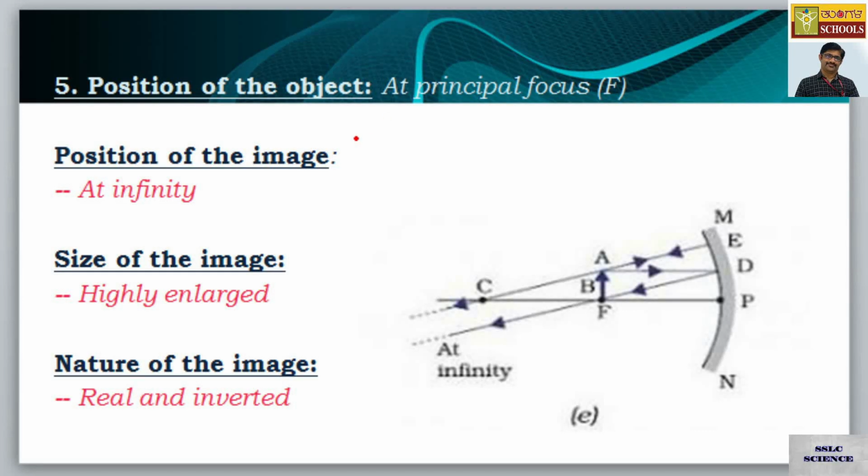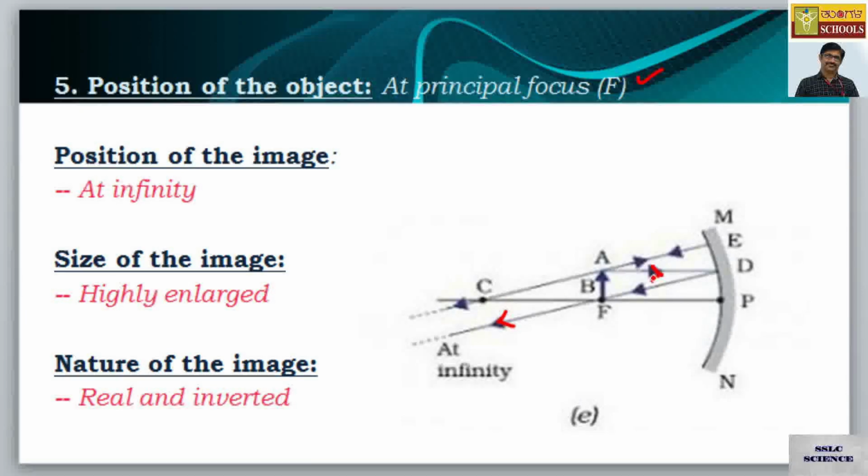Now the position of the object is exactly at principal focus F. You are placing the object exactly on principal focus F. Again, the top ray which is parallel to the principal axis is moving parallel, and again it is passing through principal focus F. It is moving in this direction.